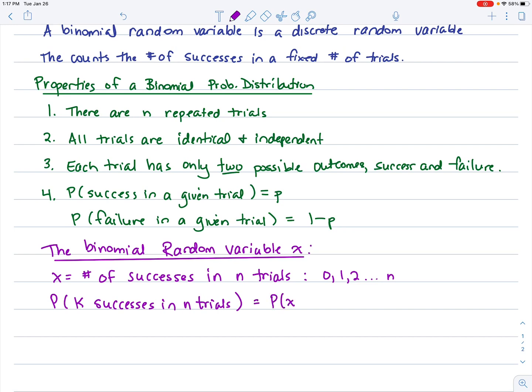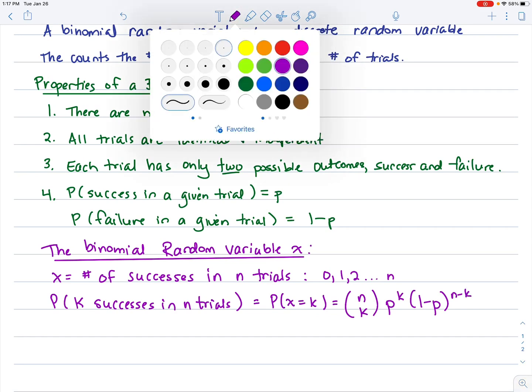This is a formula that's given on the AP. And I'll explain to you what this N K in parentheses means. N over K, it looks like. P to the K, 1 minus P to the N minus K. Okay, this looks like a very weird, complicated formula, but you'll see how to use it in a minute, and it is given, so you don't have to memorize it.